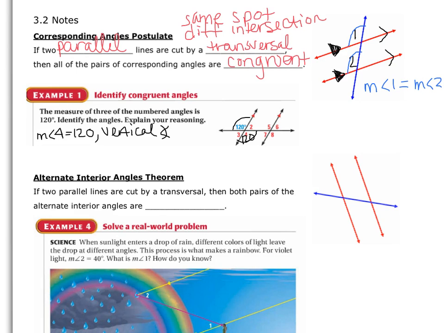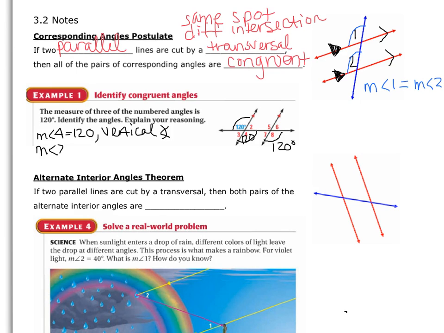Okay, so now if this one is 120, then let's use these corresponding angles that we just talked about. If this one is 120, see this 4? If I look at this as an intersection, the 4 is in the bottom right. If I go over here, 8 is in the bottom right. So not only is 4 120 degrees, but 8 is also 120 degrees.